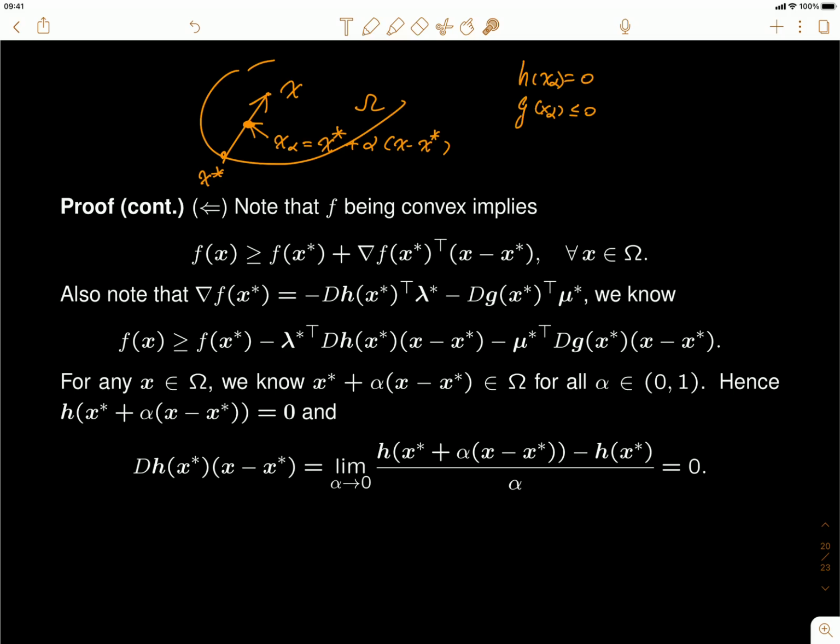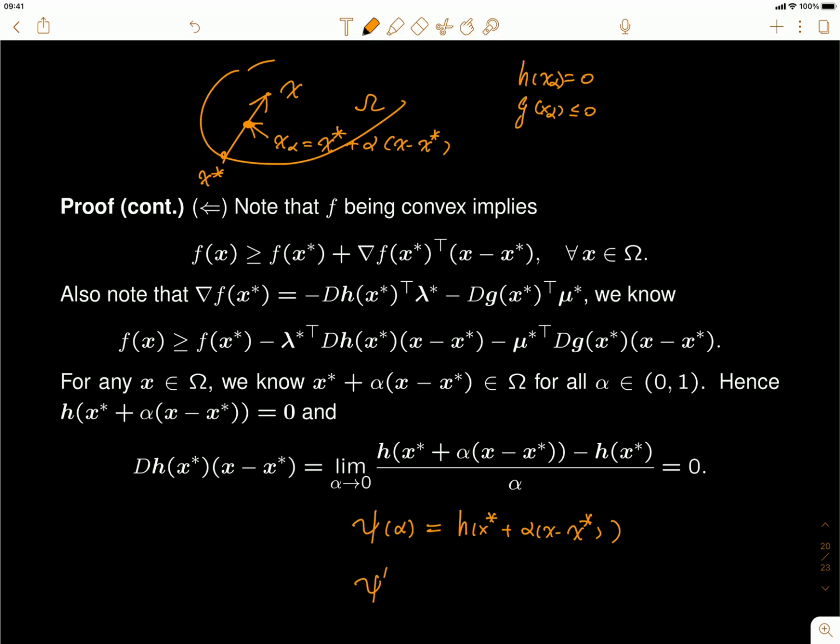But now we need to realize the same thing as before: this is like taking a function psi of alpha defined as h of x star plus alpha times x minus x star. It's like taking the derivative of psi with respect to alpha and setting alpha to 0. That's exactly what this limit is.